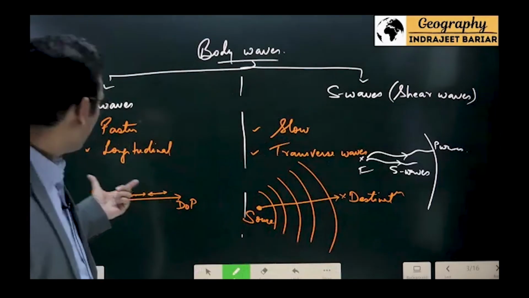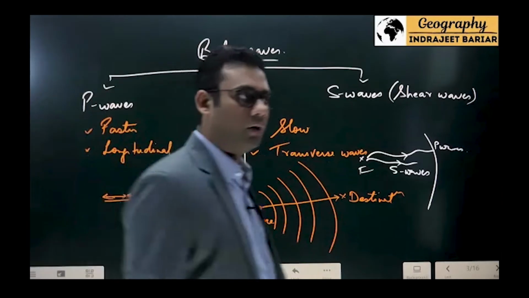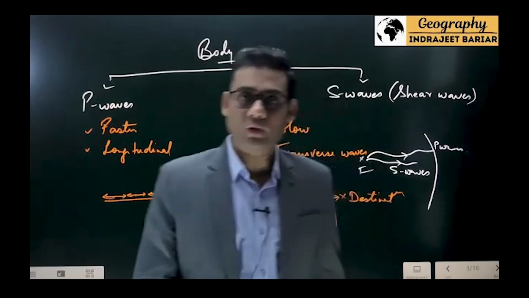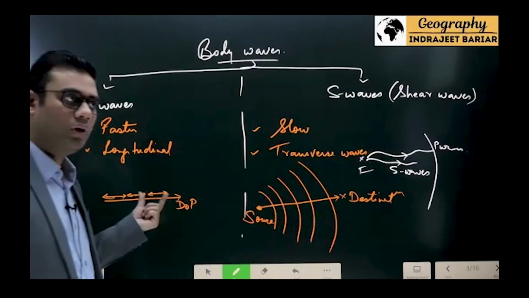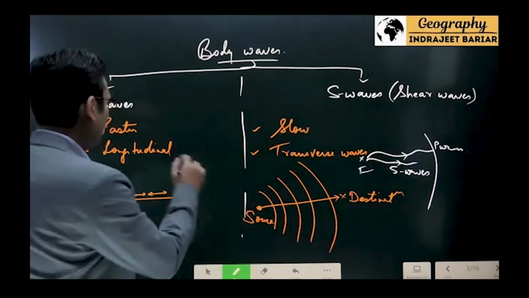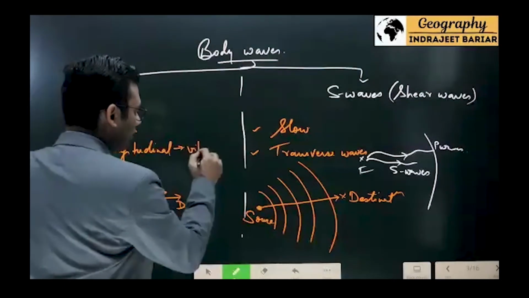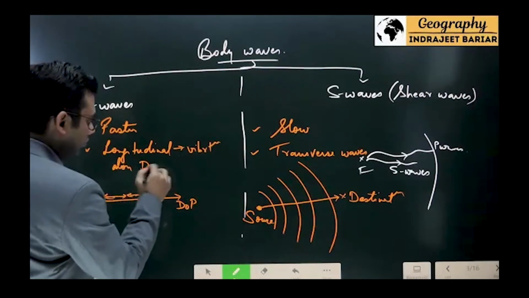So in the case of longitudinal waves, what can we say? Longitudinal waves mean that the particles of the medium vibrate to and fro along the direction of propagation. So over here, longitudinal: vibration along the direction of propagation.